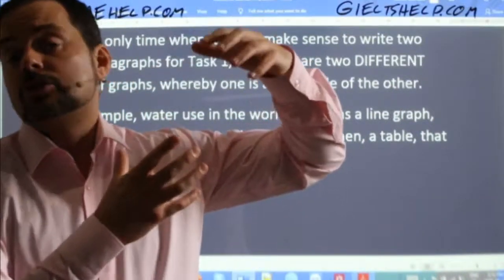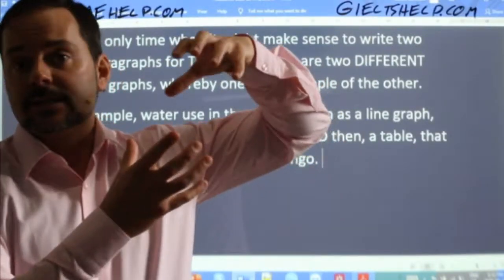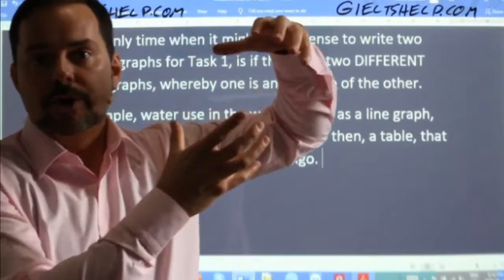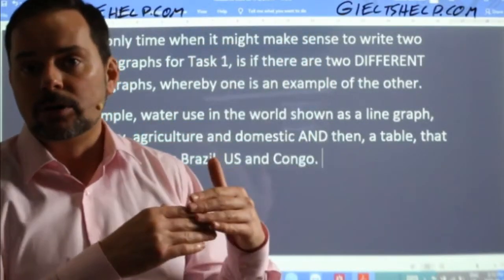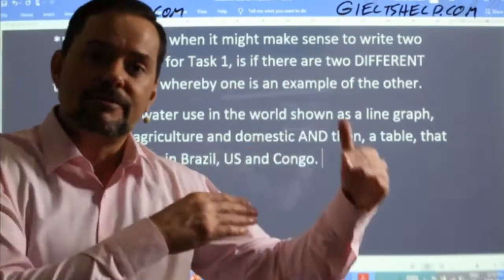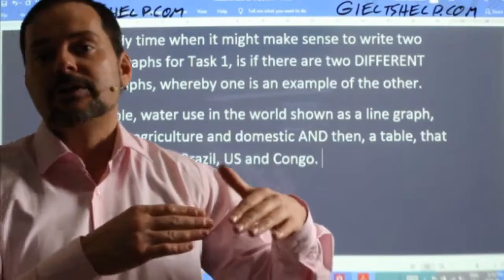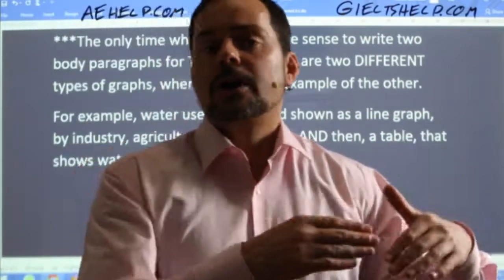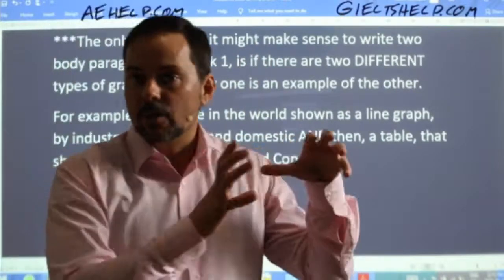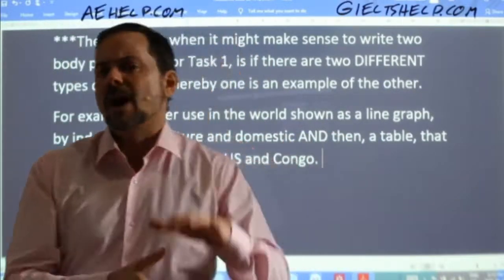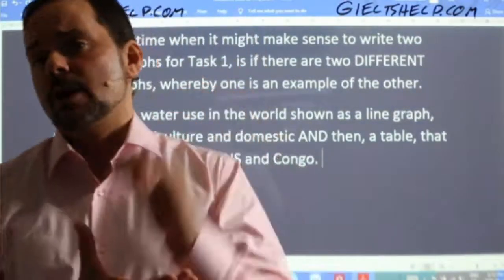There you might choose to do two body paragraphs where one analyzes the global trend and use of water, and then separate the next paragraph and say the table further exemplifies this use of water as different depending on nationality, whether it's Brazil, Congo, or the US. So there you might go into that second body paragraph. Otherwise, nine out of ten times, it's just one body paragraph.